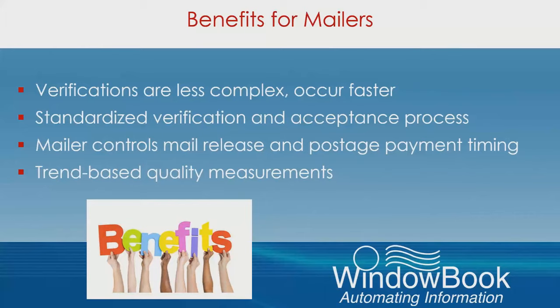Now, despite all this complexity and all these things that are being measured, there are benefits to participating in seamless acceptance. One of the benefits is that the verification process is all electronic. So at least in theory, it's a much faster process. Verification is also a more standardized process, which is particularly important if you've got multiple mailing sites.